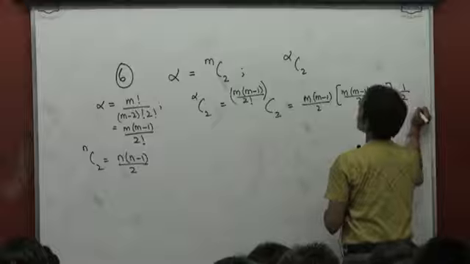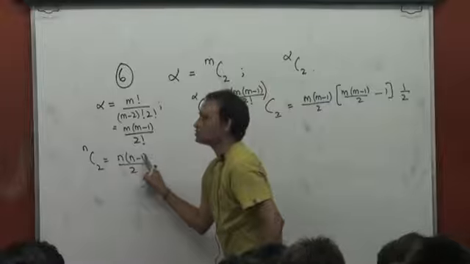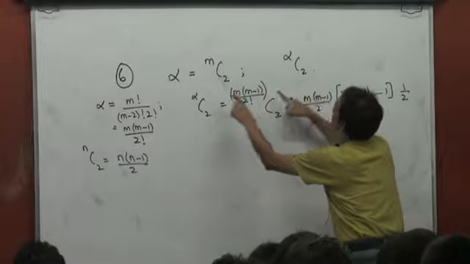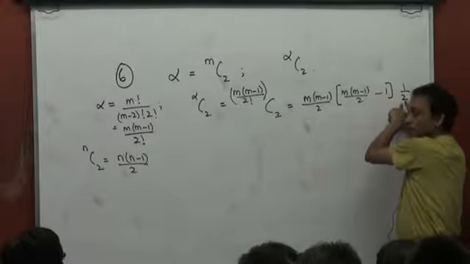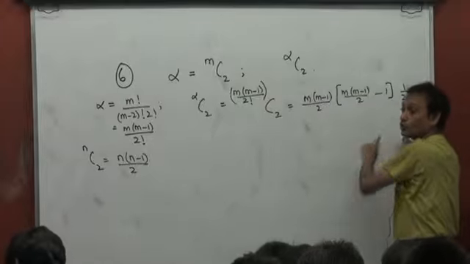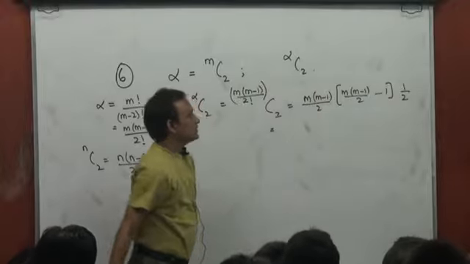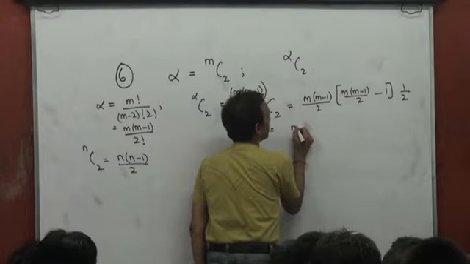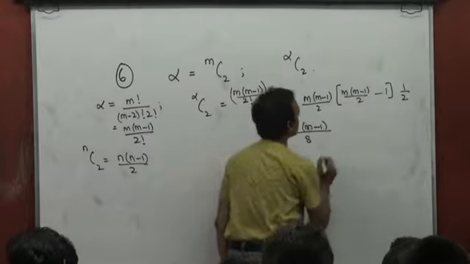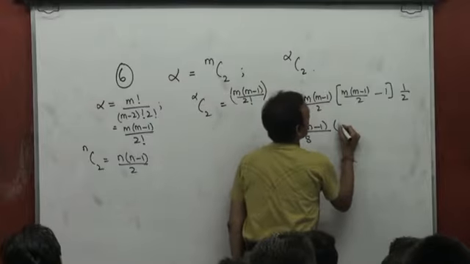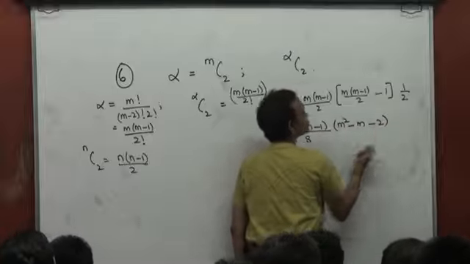NC2 is n into n minus 1 by 2. So this is like NC2, n into n minus 1 by 2. No? Which is m into m minus 1 by 8, and this is like m squared minus m minus 2. Yes or no?